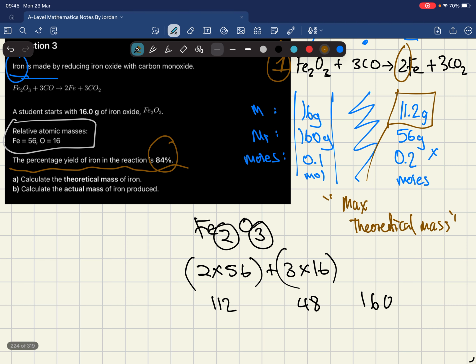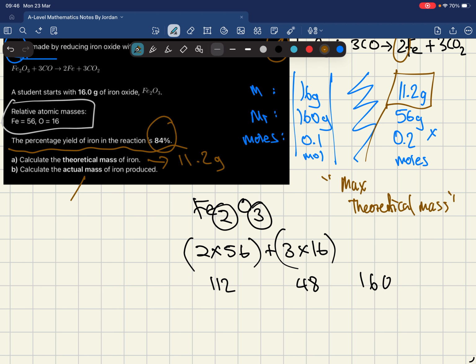So what I need to do then is to work out 84% of the 11.2. So the theoretical mass I've already got. Actual mass, like we said, we need to use that percentage. So it would be taking the 11.2 grams and then finding out 84% of it. You might want to write 0.84, but I'm going to stick with this one.